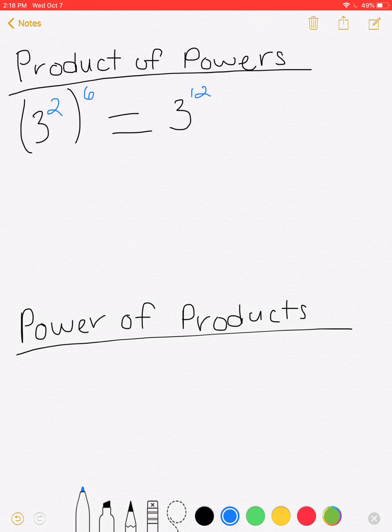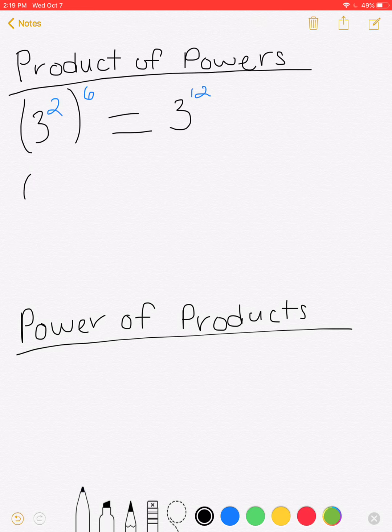And then 3 to the 12th is also 531441. So I know that they have the same value, and that's how you can double check that answer if you'd like to. Let's do one more for another example.